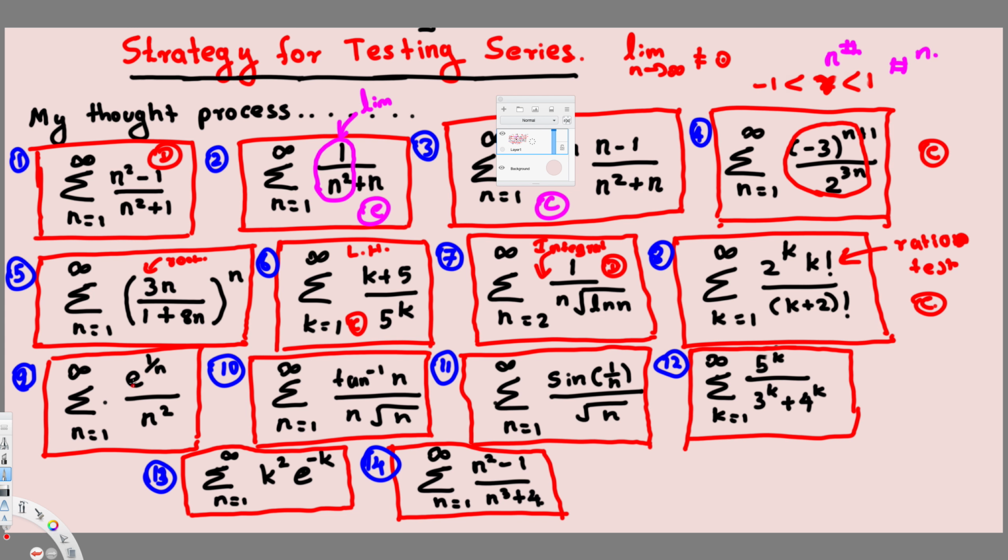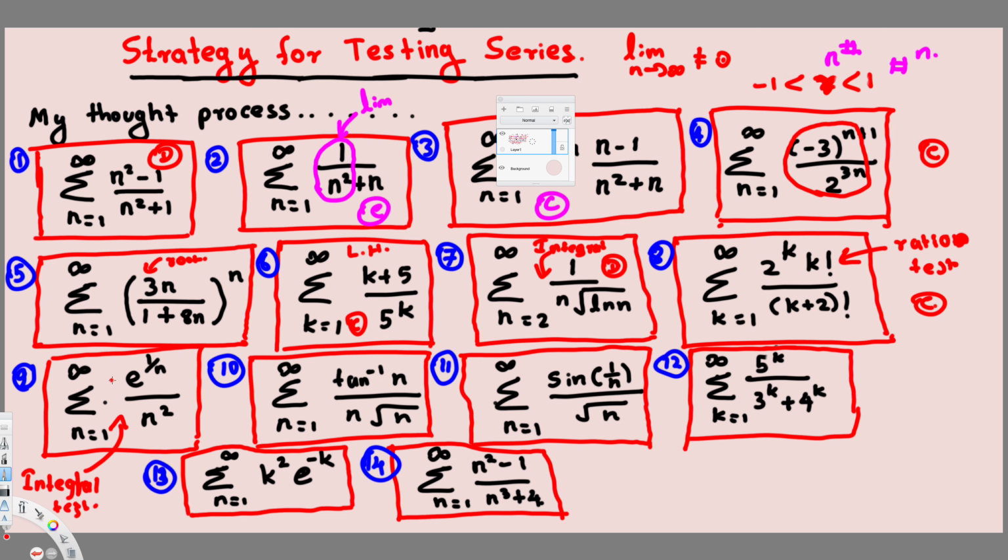Now let's look at this one. Again, if you notice this 1 over n here, the derivative is on top. So here we can do the u substitution, which means we can do the integral test for this one. Or you can see that as n increases, this value becomes smaller, right?